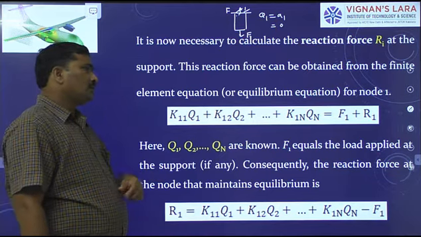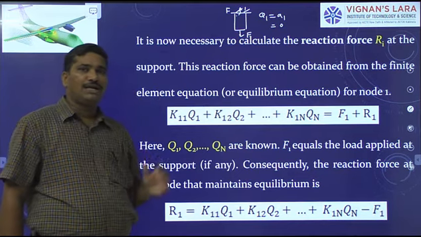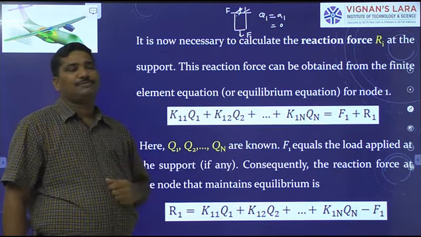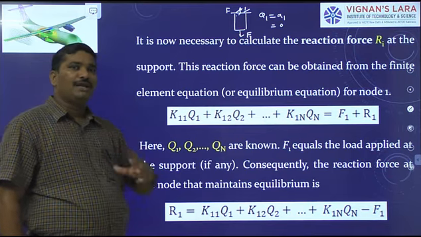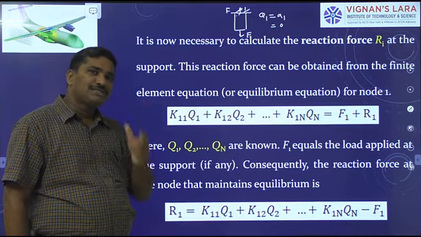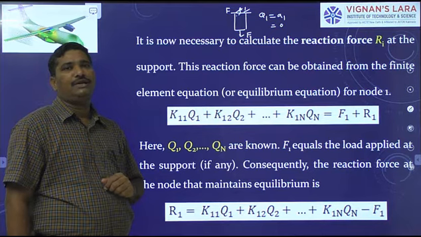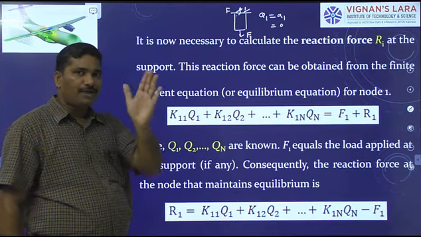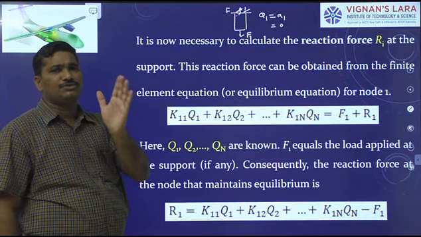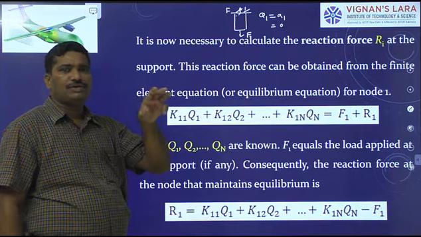Okay. So how we treat the boundary conditions? There are two approaches: elimination approach and penalty approach. So we considered the elimination approach, right? And we applied the elimination approach to treat a single specified boundary condition, say Q1 equal to A1, right? And we expanded half Q transpose K Q minus Q transpose F. We put Q1 equal to A1.